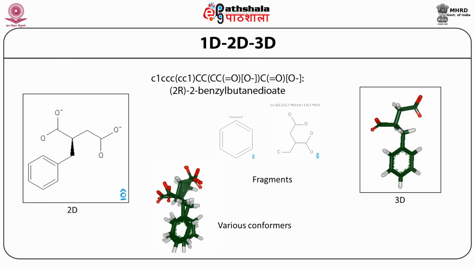Here I depict the molecule in 2D on the left hand side, with the SMILES notation or 1D at the top, the name of the molecule, and the fragments of the molecule. I will show later how to generate not only the 3D structure but also various conformers, because 3D differs from 2D by its different shape and size.